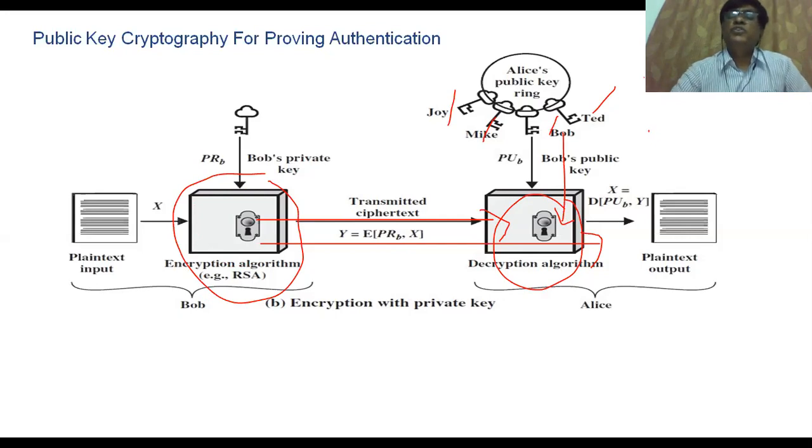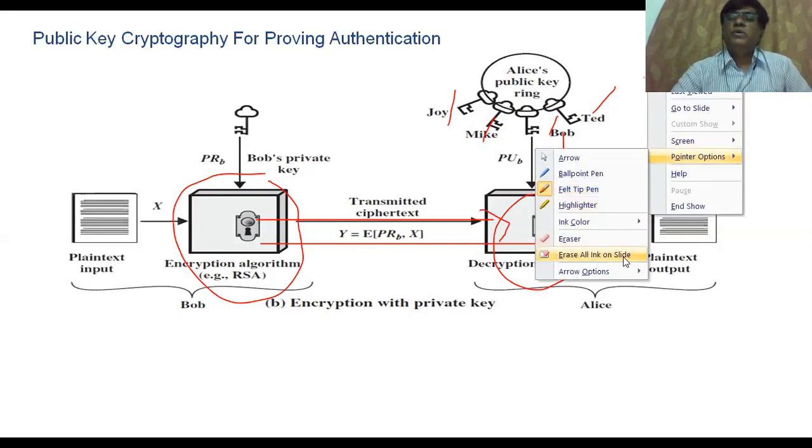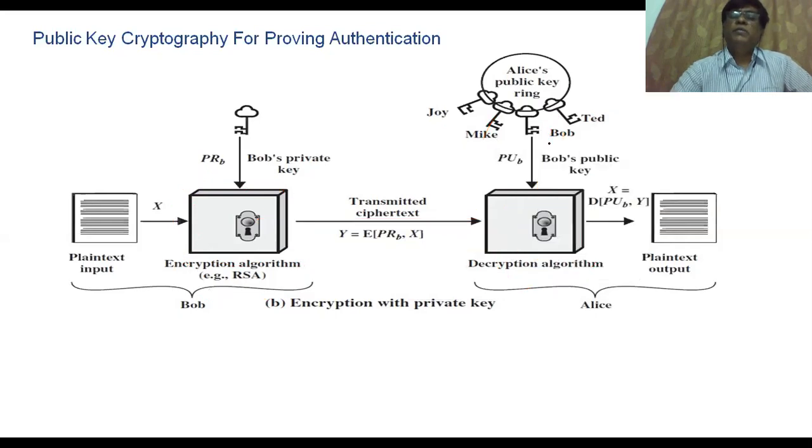Suppose Alice receives a ciphertext that can only be decrypted using Bob's public key. That means Alice comes to know that the ciphertext belongs to Bob only.